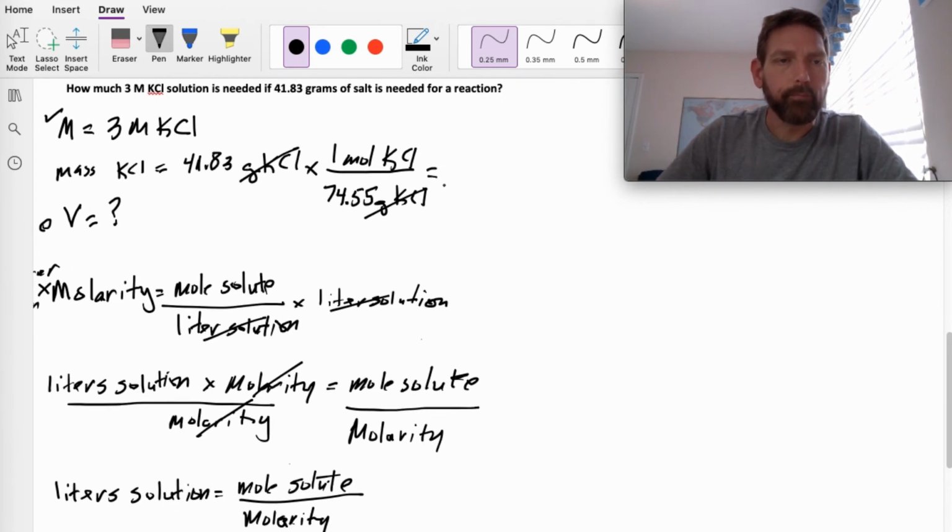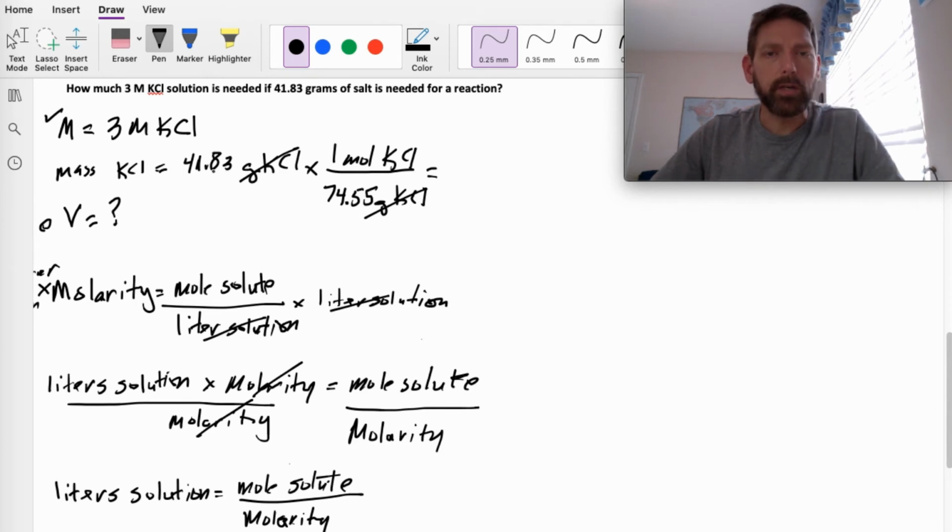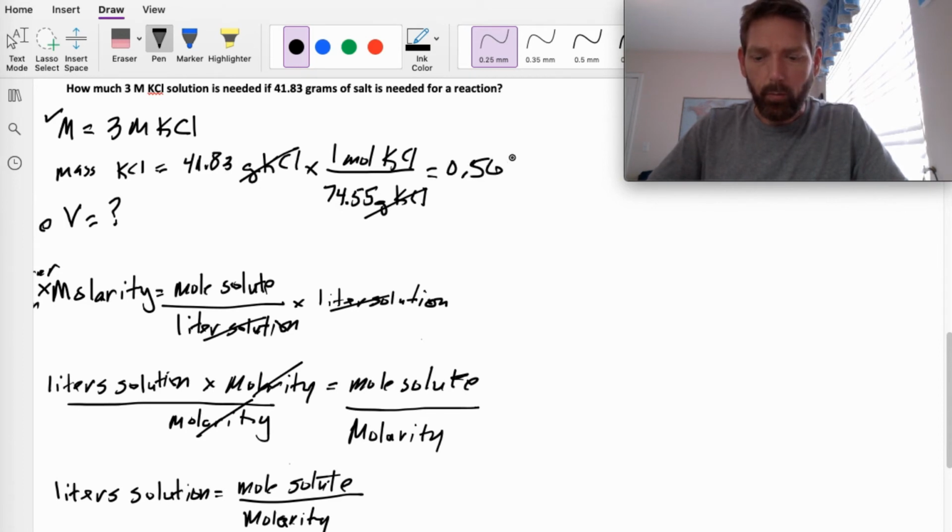Right? So now we've got, let's see, 41.83 divided by 74.55. Let me double check my math again. 41.83 divided by 74.55. All right, if we've all done this correctly, we have 0.56109999, and this is like 33, right?